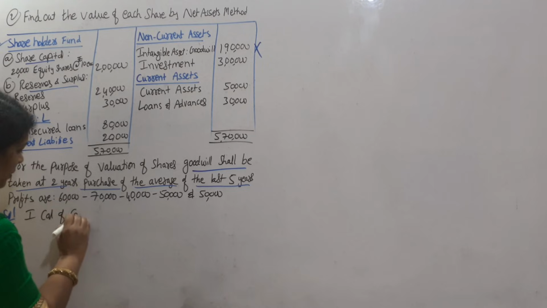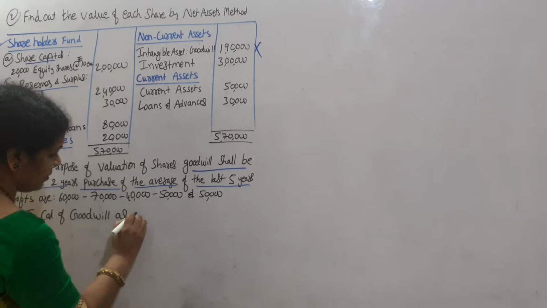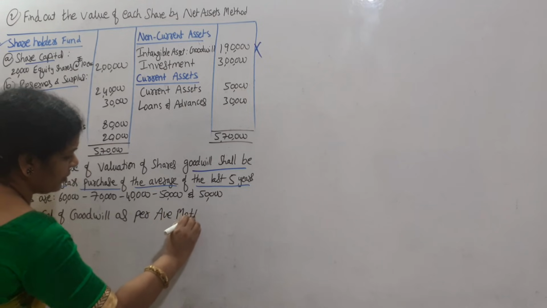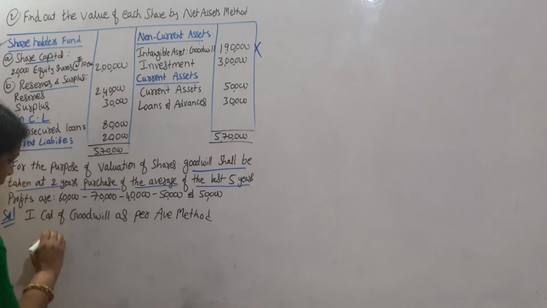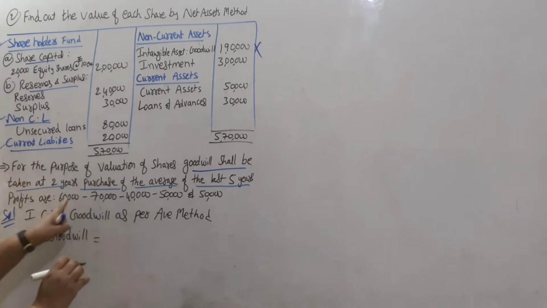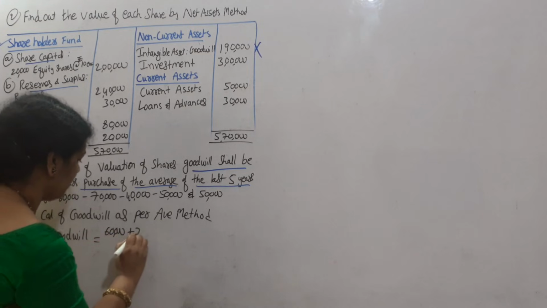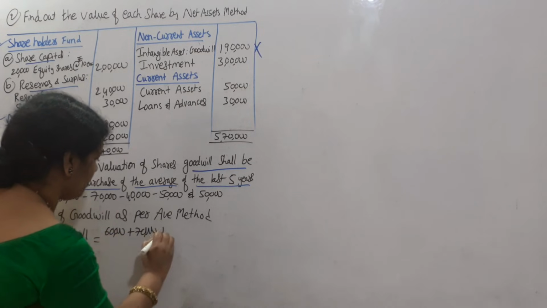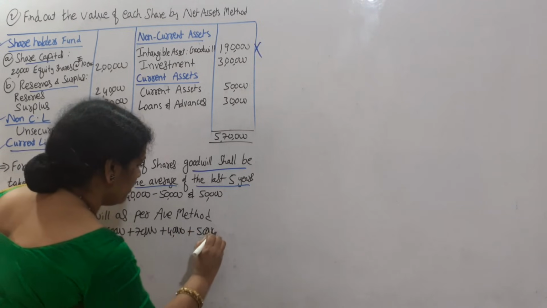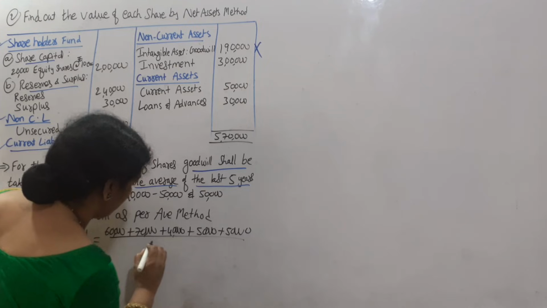Calculation of goodwill as per average method. Goodwill is equal to all the profits: 60,000 plus 70,000 plus 40,000 plus 50,000 plus 50,000, divided by 5.